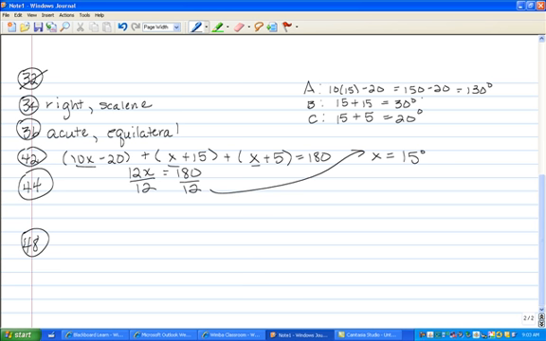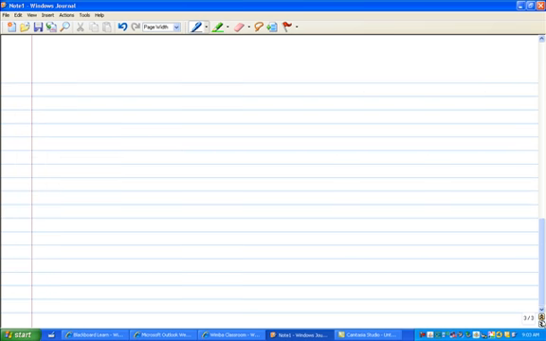Okay, and our last one, I didn't do 44. 44, we have the sum of three angles that equals 180. Again, all of these have the same measure. So it turns out A equals B equals C, which is 60 degrees.